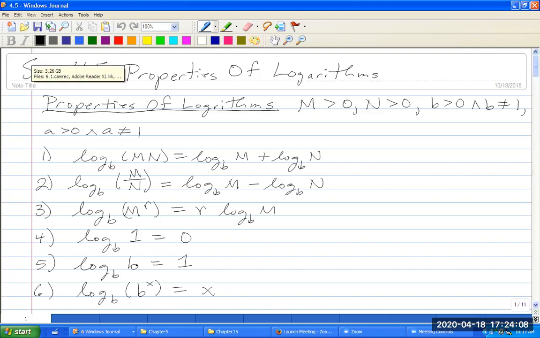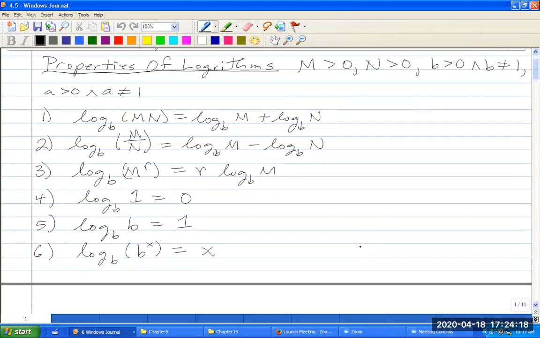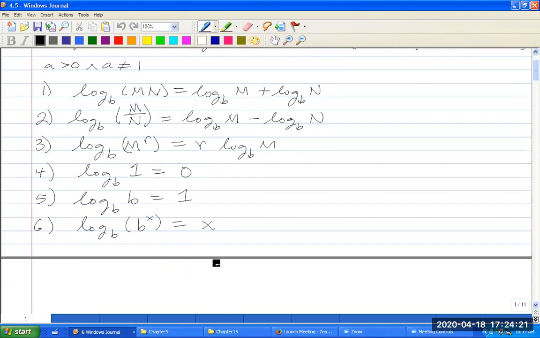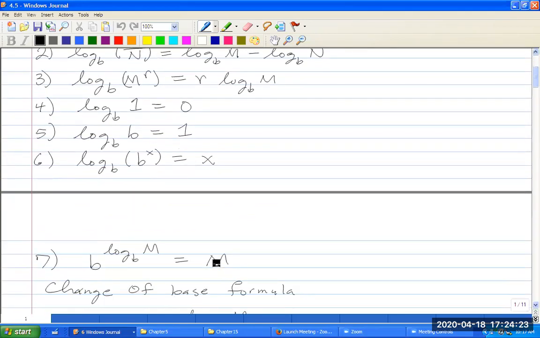The exponential function and the logarithmic function are inverse functions of each other. And so the log base b of b to the x is just x. And similarly, b to the log base b of m is just m.